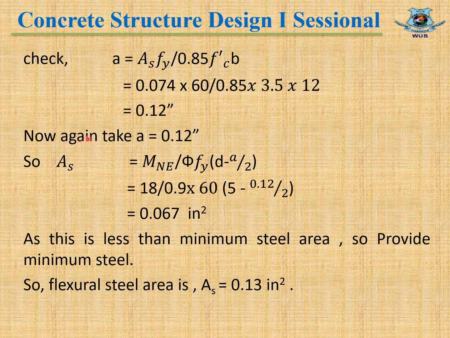Now again take a equal to 0.12 inch and calculate steel area. And finally As is equal to 0.067 inch square. As this is less than minimum steel area, so provide minimum steel. So flexural steel area is As equal to 0.13 inch square.